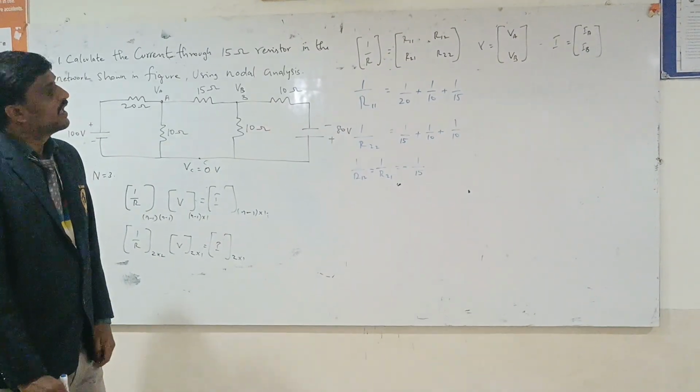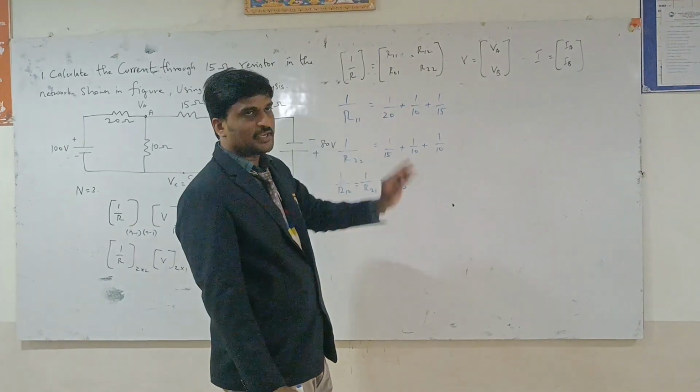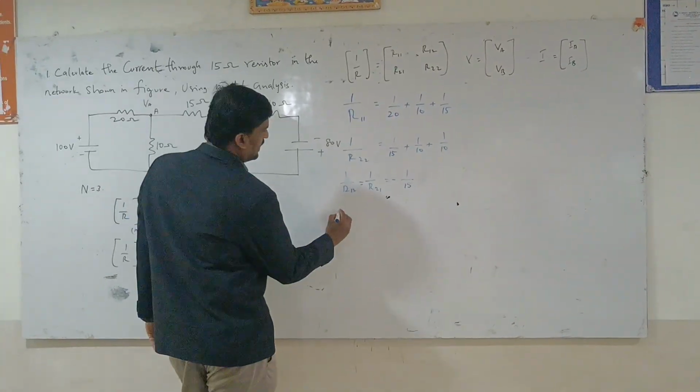So this is minus 1/15. Next we can find the value for current IA.